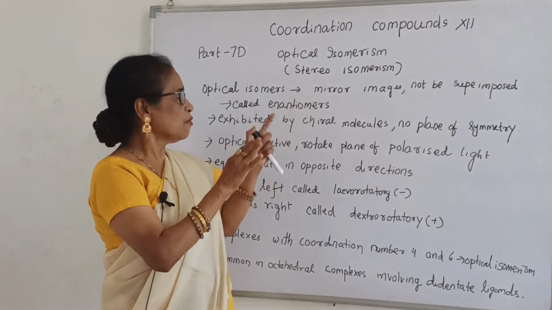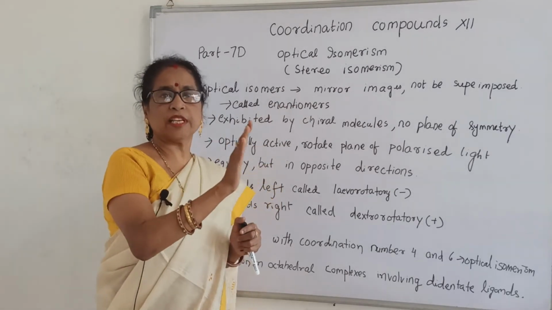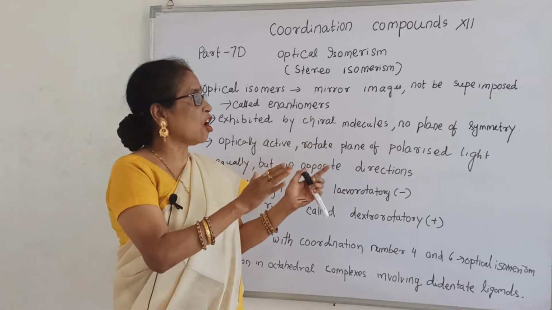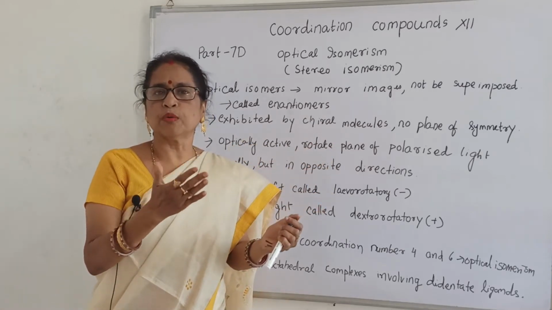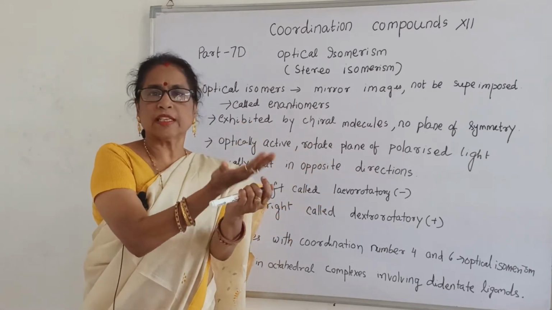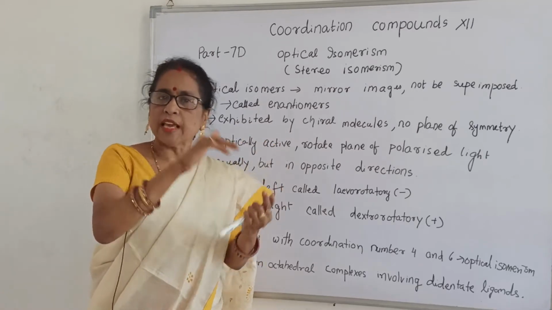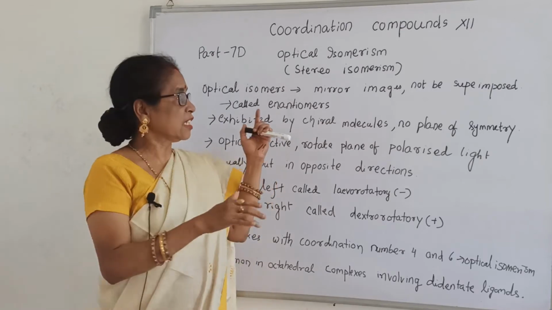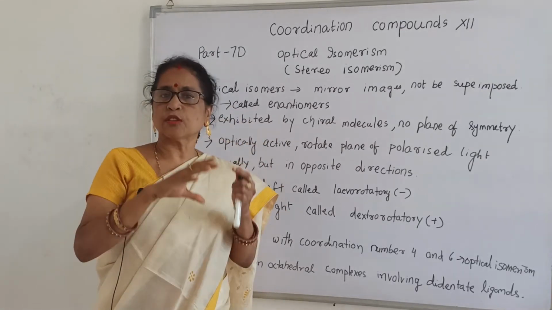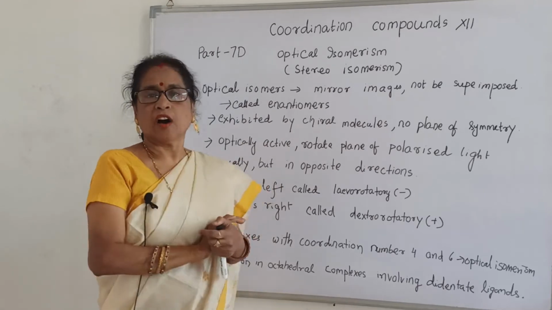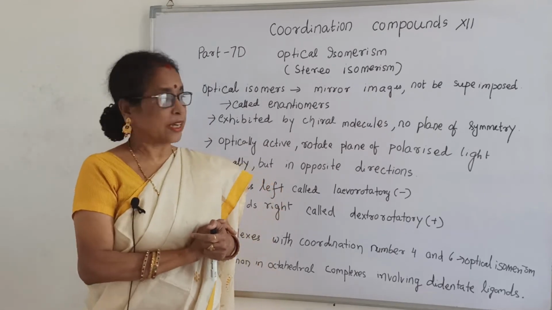So they form mirror images, and they are not superimposed. That means you can't place one on the other. That is why they form mirror images. This is covered better in organic chemistry.